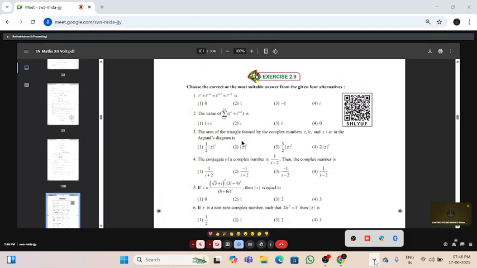Let's look at problem number 2. The value of sigma n equal to 1 to 13 of i^n + i^(n-1). And what is that?